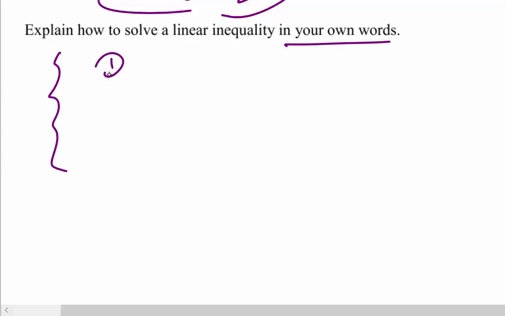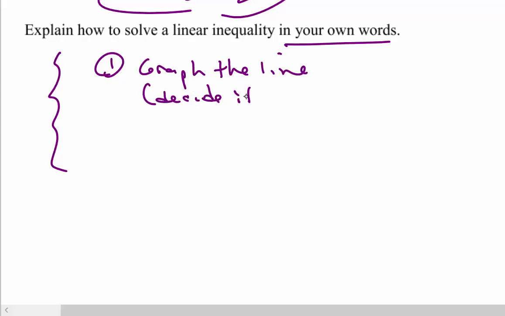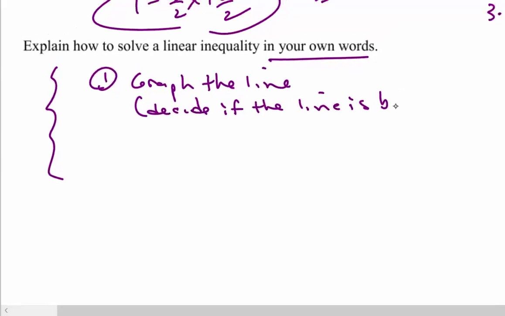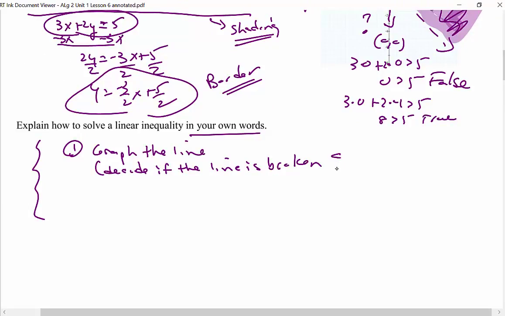Okay, so basically, one, graph the line and decide if the line is broken, that would be less than or greater than, or solid. That would be greater than or equal to, and less than or equal to.